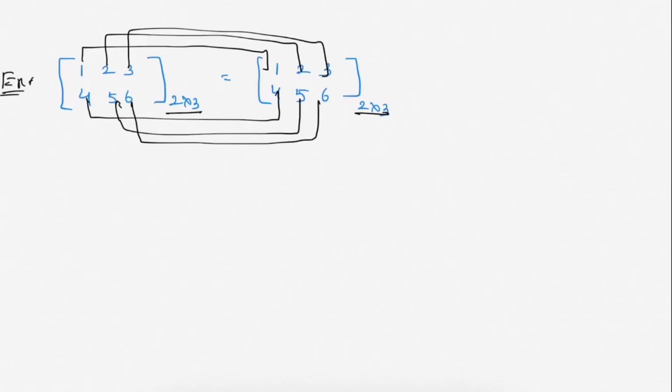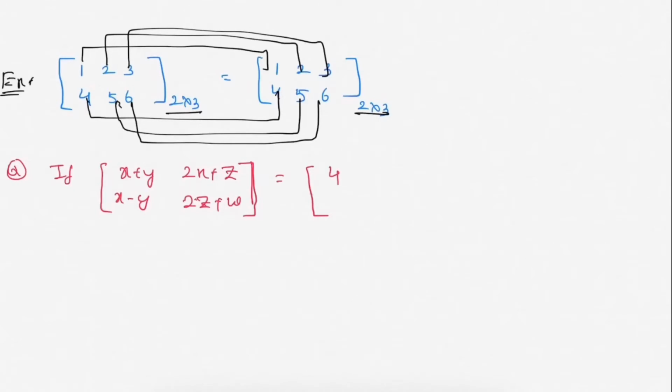The question is: if the matrix with rows x plus y, 2x plus z and x minus y, 2z plus w is equal to the matrix with rows 4, 7 and 0, 10, then find the values of x, y, z, w.